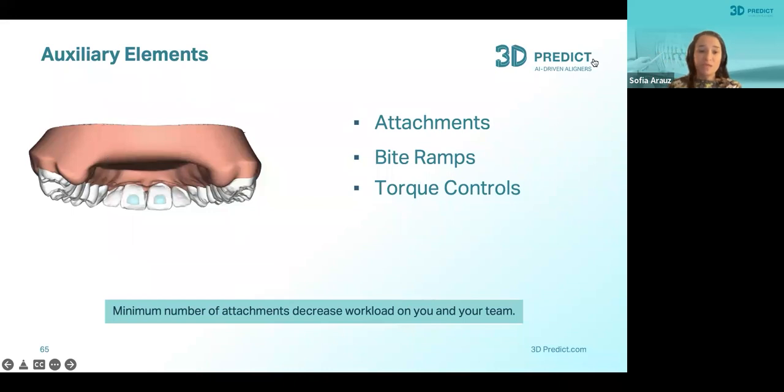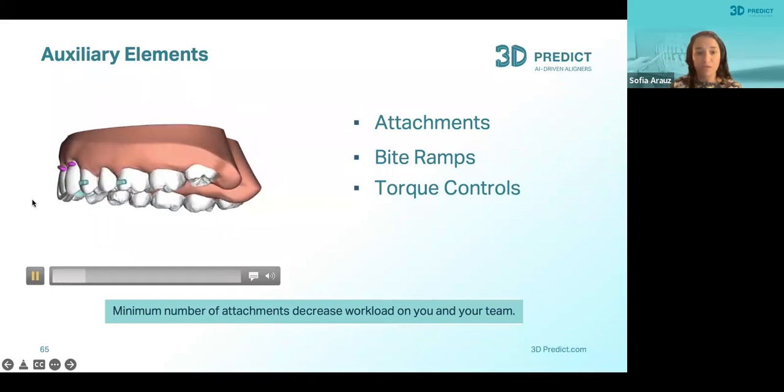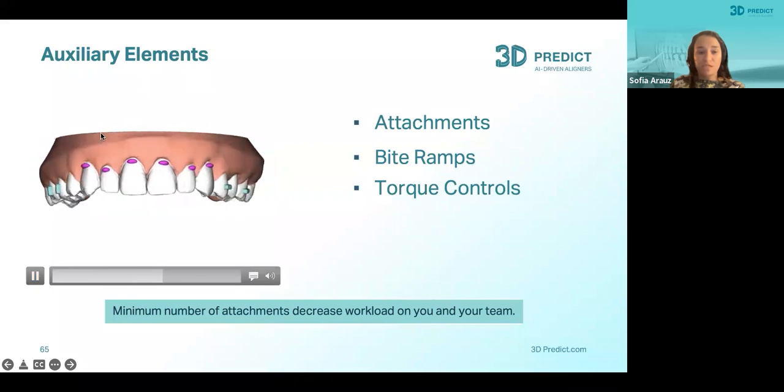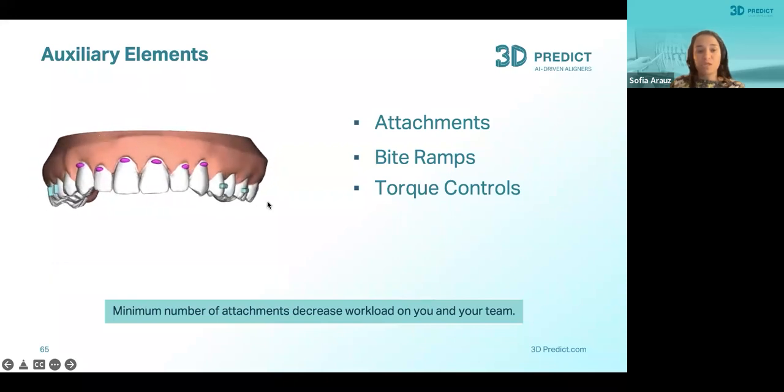In this case, we can see the bite ramps are these blue orbs in the back of the anterior teeth. The other bluish shapes, sometimes triangular and rectangular because those are the only two shapes we basically use, are attachments. And the little ovals in the neck of the teeth, they're purplish, those are torque controls.